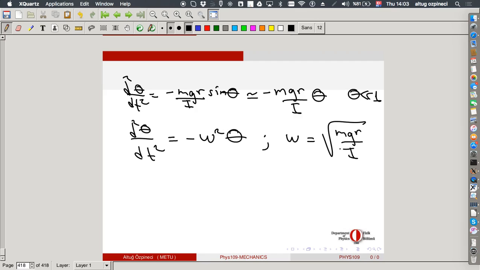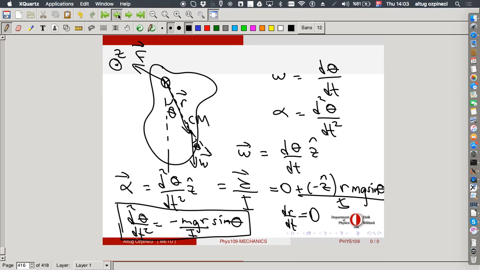Now this is called the physical pendulum. Of course, if you want to be more realistic, you have to add the friction, etc. But when you have such an object, this is a pendulum, this will be the equation governing its motion.